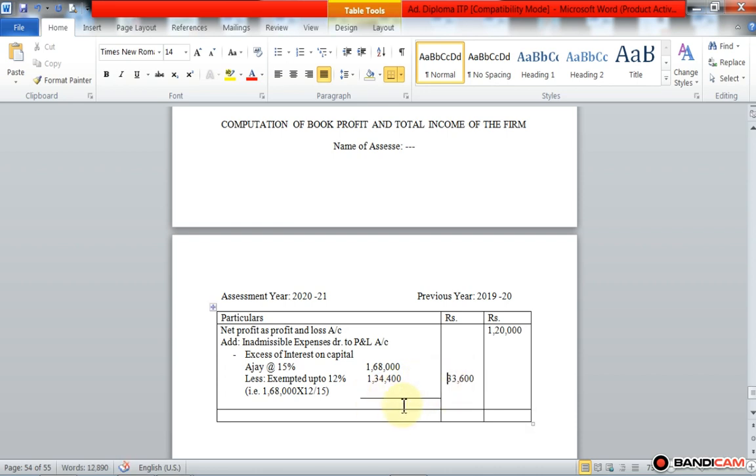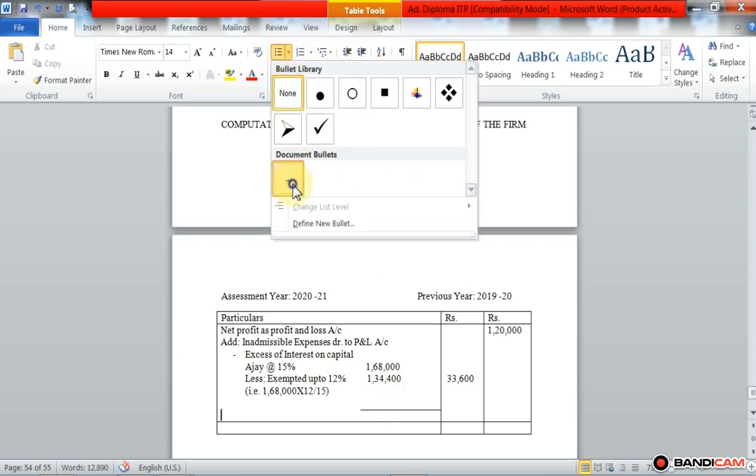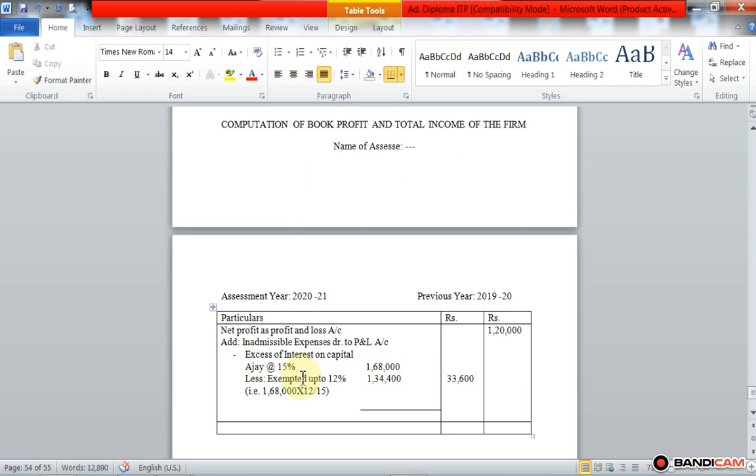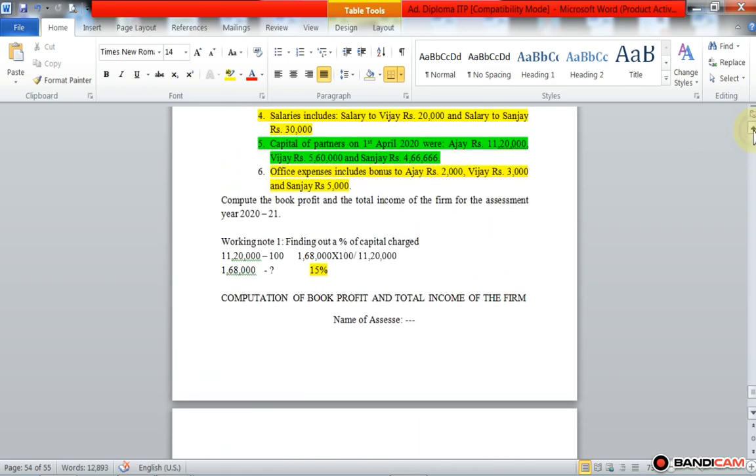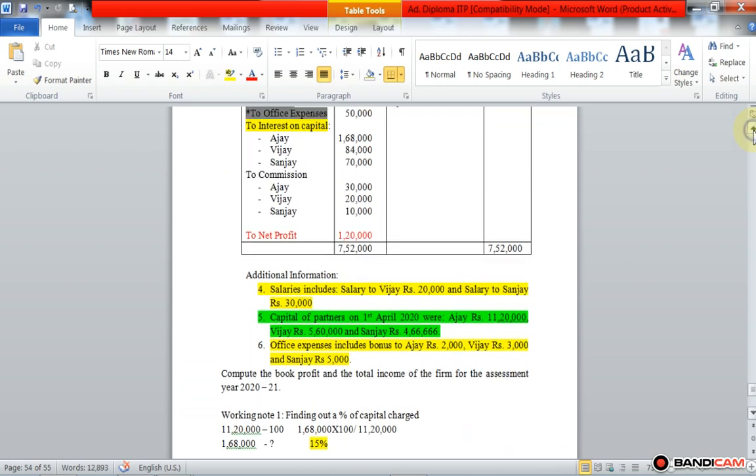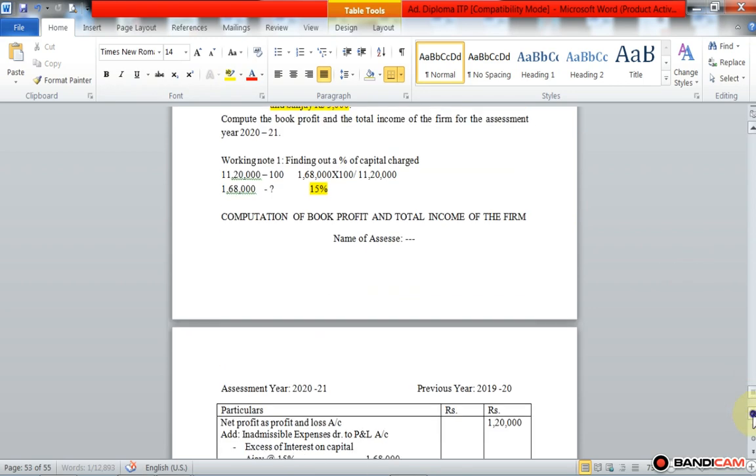Then the second partner, that is Vijay, interest at the rate of 15% amounted to rupees given here in the profit and loss account, that is 84,000.